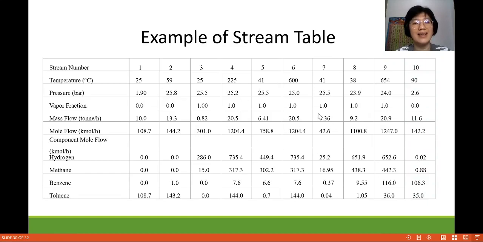So this is the example for the stream table. Okay, assuming that the plant maybe is only having 10 streams, then for each stream you should have the essential information. As I mentioned in the previous slide, the other information like mole fraction and mass fraction of the stream are actually optional.